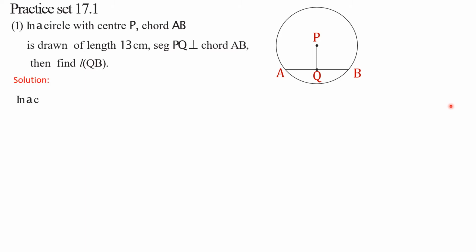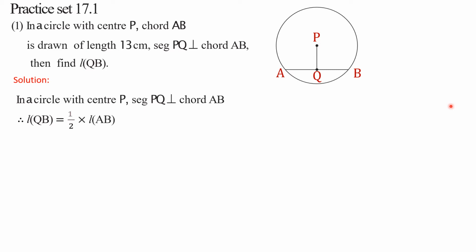Solution. In a circle with center P, segment PQ is perpendicular to chord AB. Therefore, length QB is equal to half of length AB, because a perpendicular drawn from the center of the circle to the chord bisects the chord.